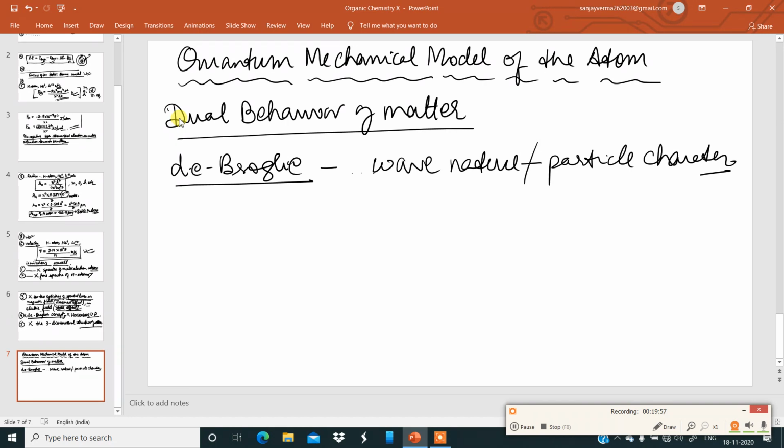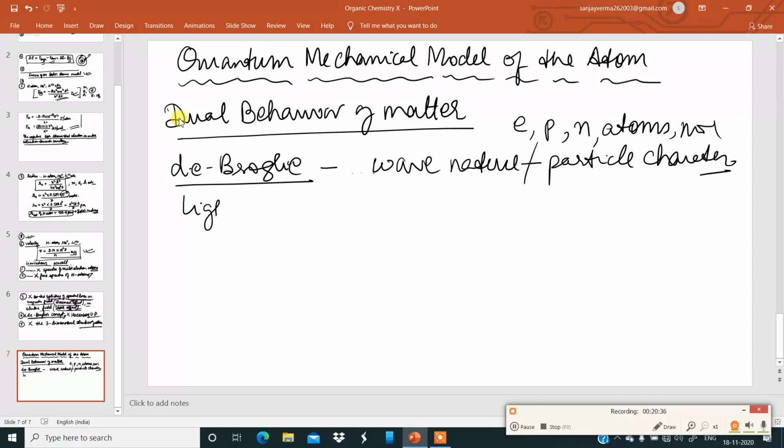All material particles, whether electrons, protons, neutrons, atoms, molecules or balls, exhibit a dual nature, but they have to be in motion. That is de Broglie's concept. Light radiations also possess wave as well as particle nature, a very important point.